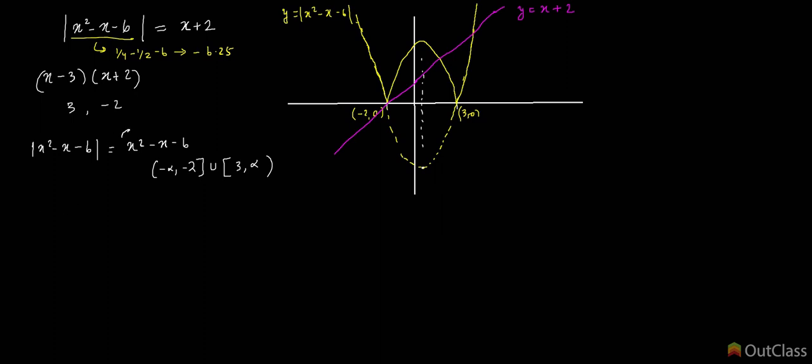On the other hand, it will be equal to minus x square plus x plus 6 when x is between minus 2 to 3. Here I'm putting open brackets because we want the piecewise definition to be mutually exclusive and collectively exhaustive. So you can't put open in both places, you can't put closed in both places. The convention is to have the closed interval along with the positive sign. You can flip the convention, wouldn't make a difference.